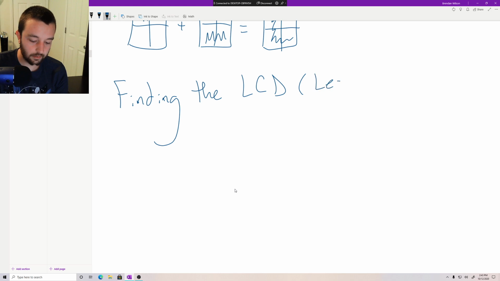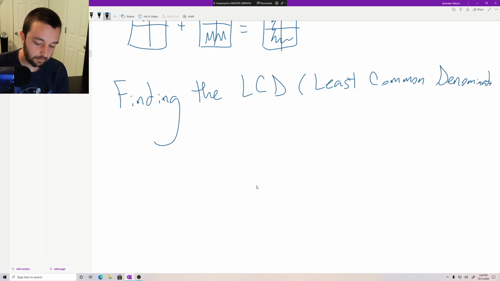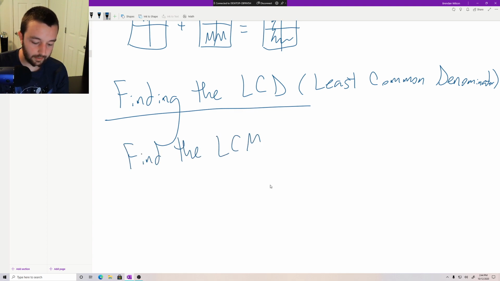LCD, least common denominator. And this is the same thing as the least common multiple. Find the LCM of the denominators.